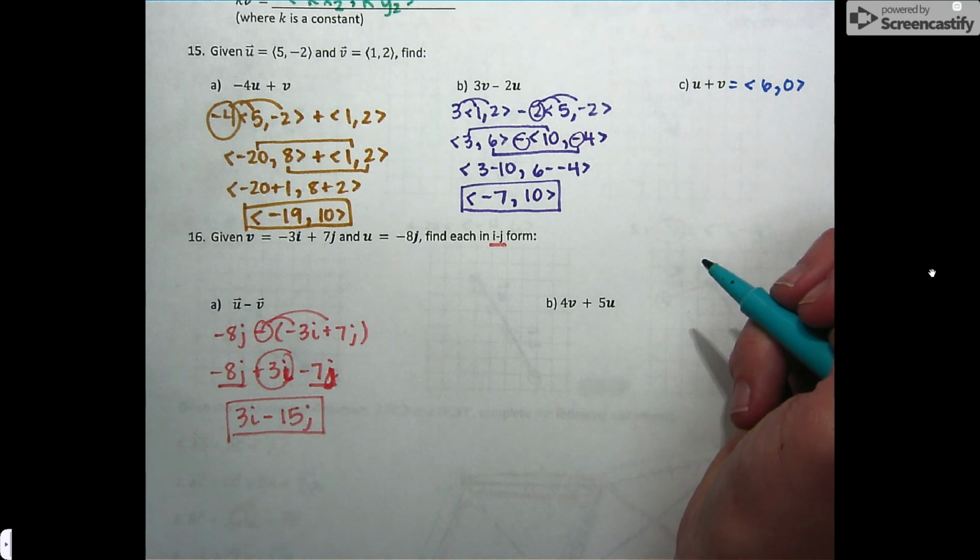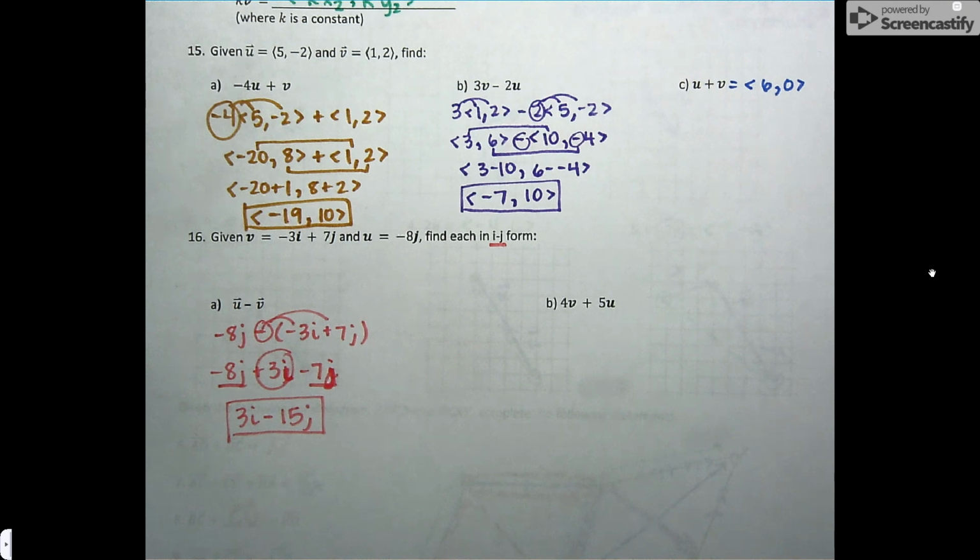Okay, so last one, I'm going to give you guys a minute to try this last one, and then we'll take a look at your homework. So 1 minute, try 16b.